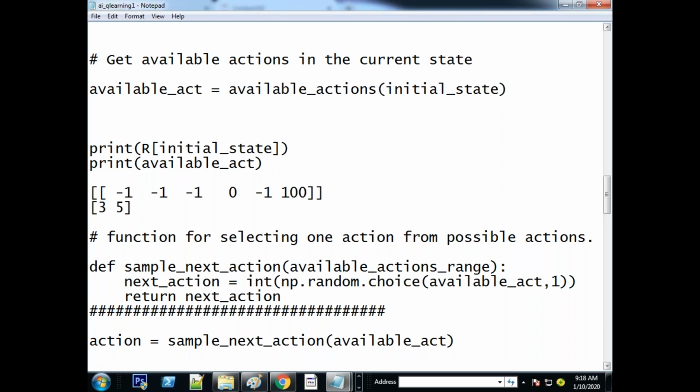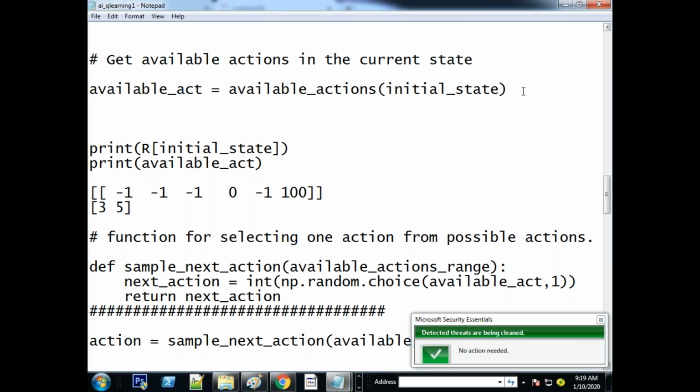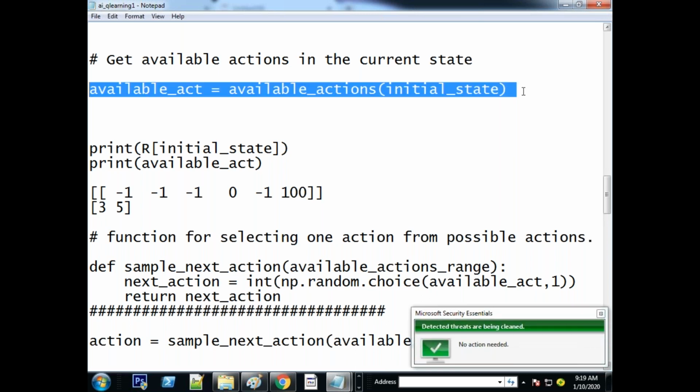Only that's it. After completion of this, all of you take this statement. Available act from a particular state. This line you take it after this function.